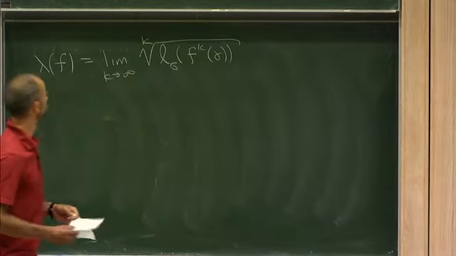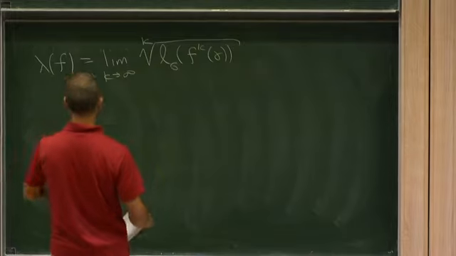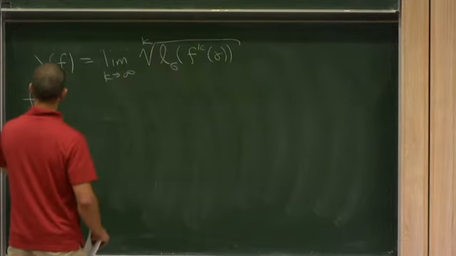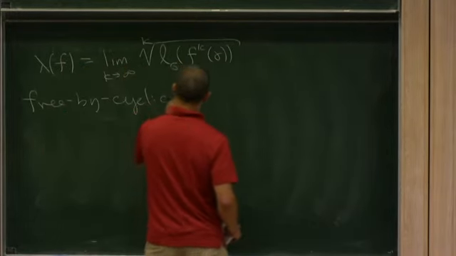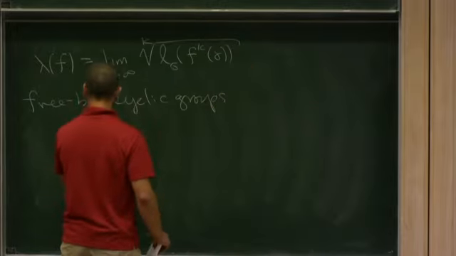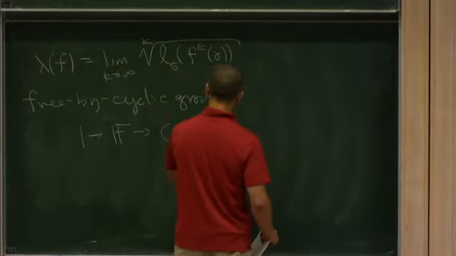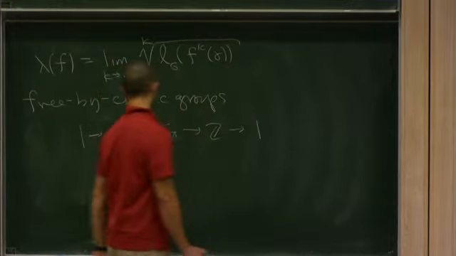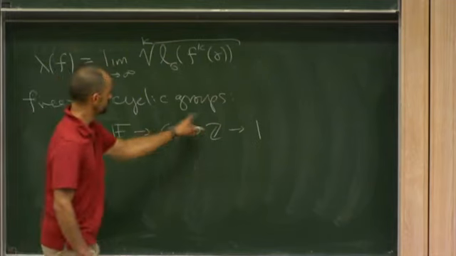Right, so free-by-cyclic groups. Let me remind you what these are to set some notation. These are groups that fit into a short exact sequence: free group, the group G, and then Z. Of course, you can split this.